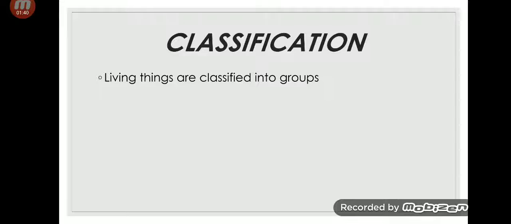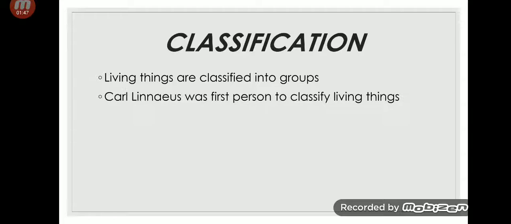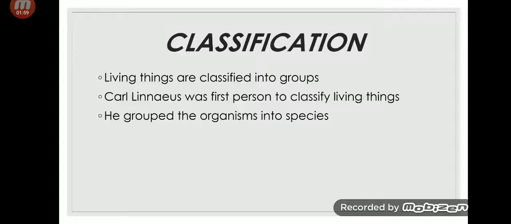So all the living things are classified into groups. Carl Linnaeus was a scientist and he was the first person to classify living things. What he did, he grouped the organisms into species.